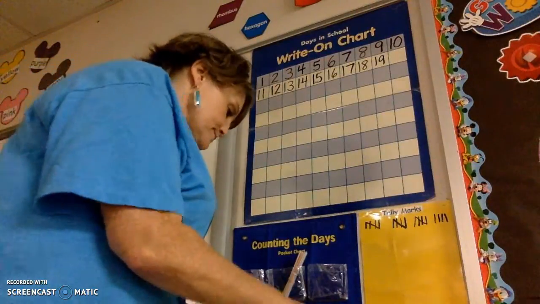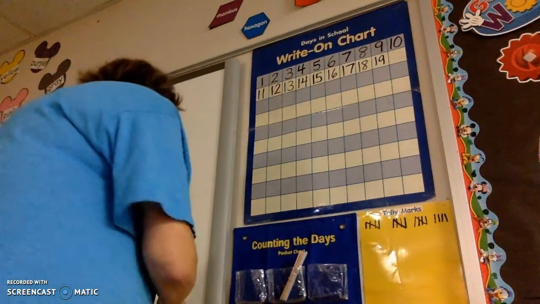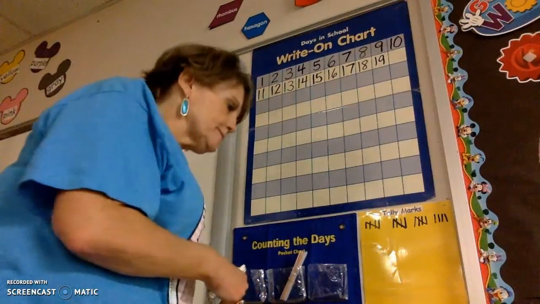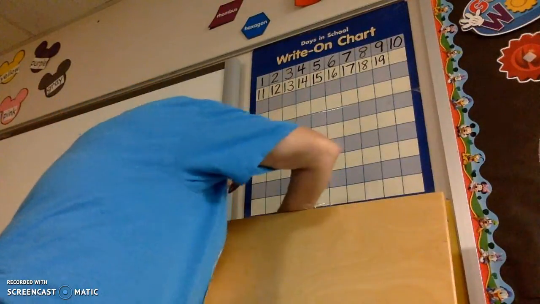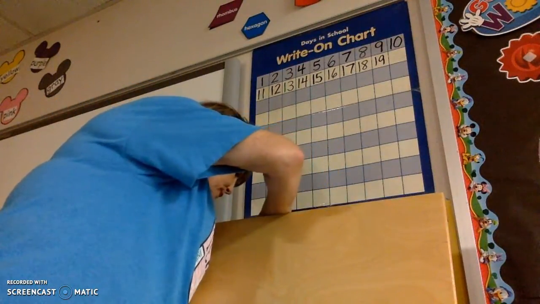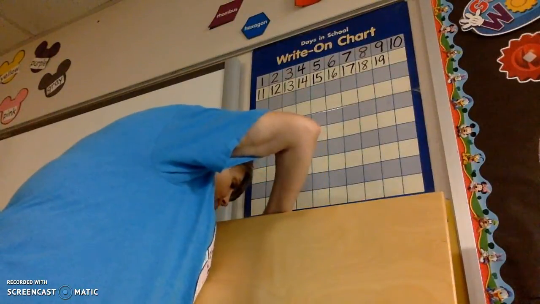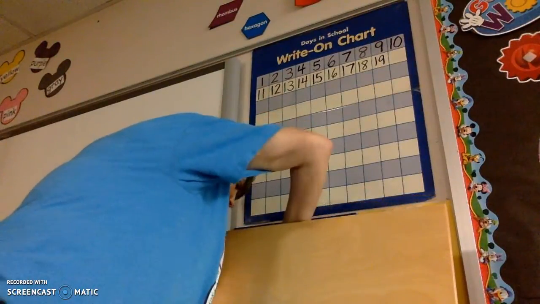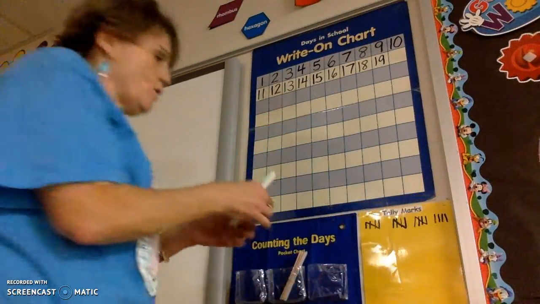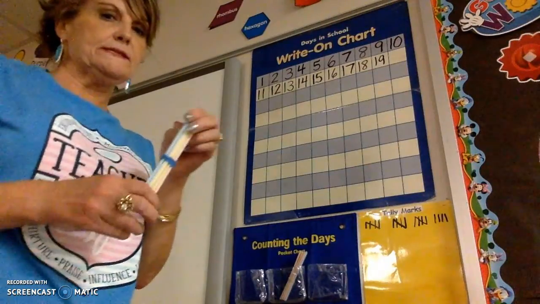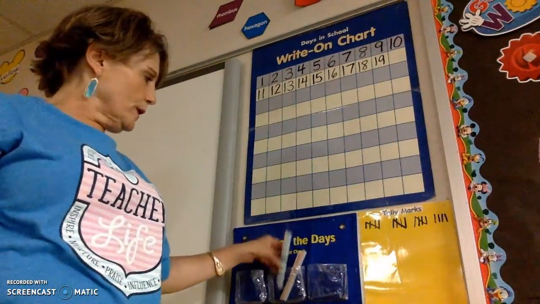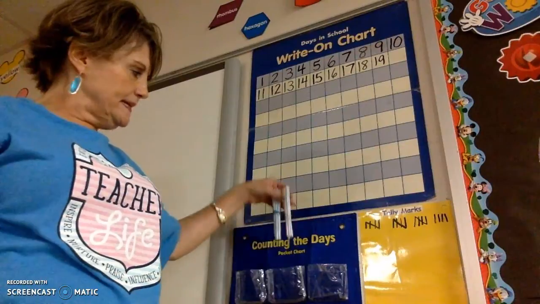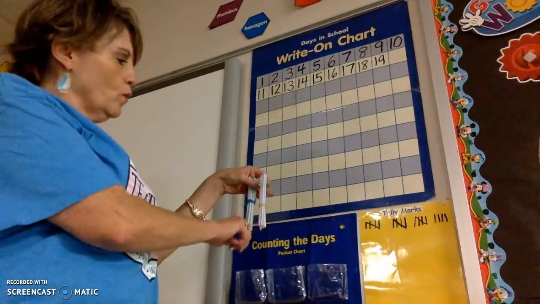So let's Mrs. Hensley do that. Lift this up right here. Let's put a rubber band around them. And then let's put them inside our tens place. So how many tens do we have now? 1, 2.